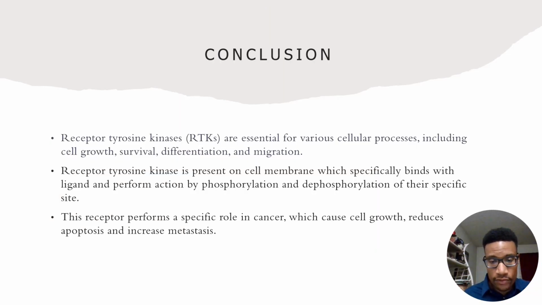So just a recap of what I discussed in this presentation. Receptor tyrosine kinases are essential for various cellular processes, including survival, migration, differentiation, and also cell growth. Receptor tyrosine kinase is present on the cell membrane, which specifically binds with ligand and performs action by phosphorylation and dephosphorylation of their specific site.